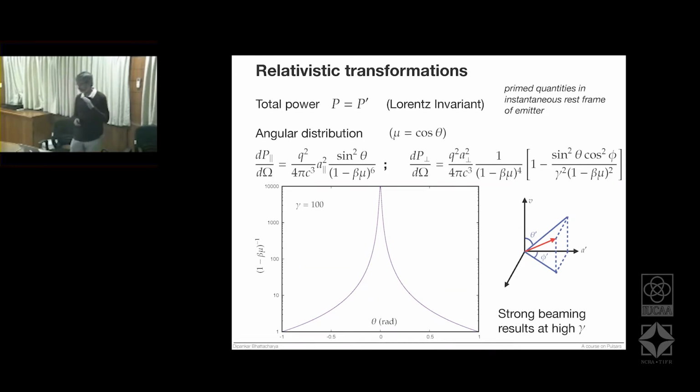Right. But the point is that an observer in a different frame almost never sees the total power that the particle emits. The observer will see the radiation that the observer intercepts. And that's different because in the rest frame of the particle, the radiation has a certain pattern which covers a large range of angles.